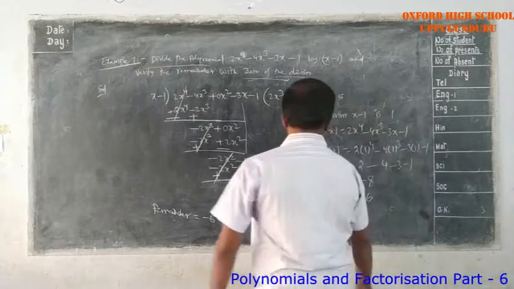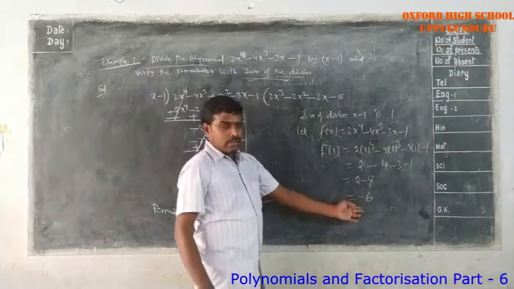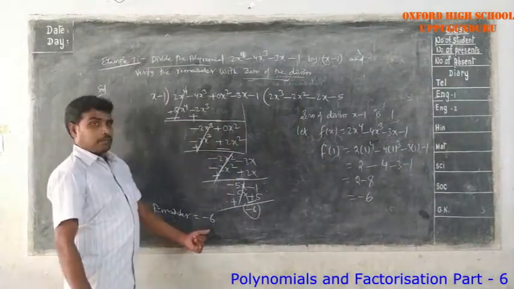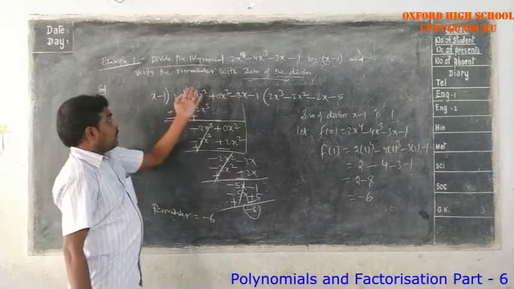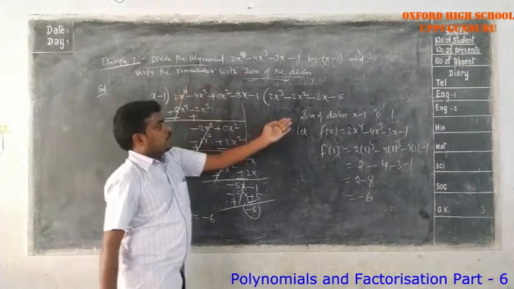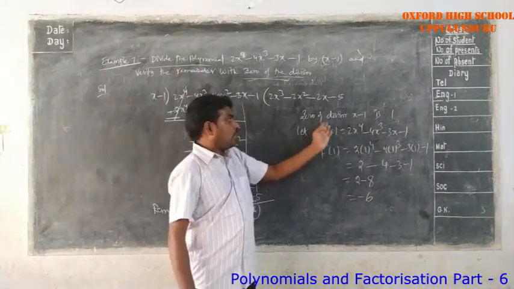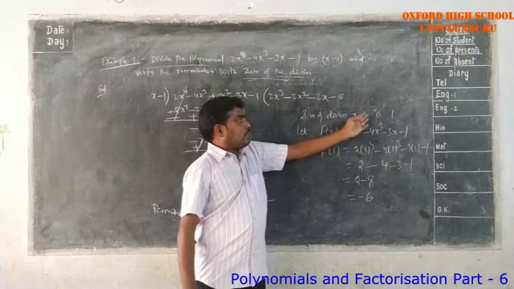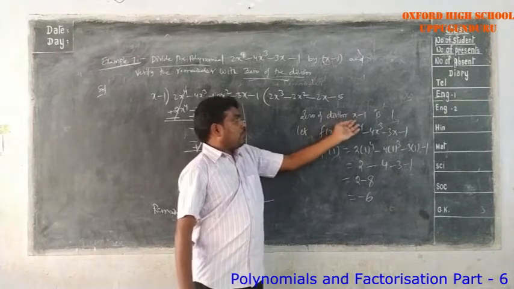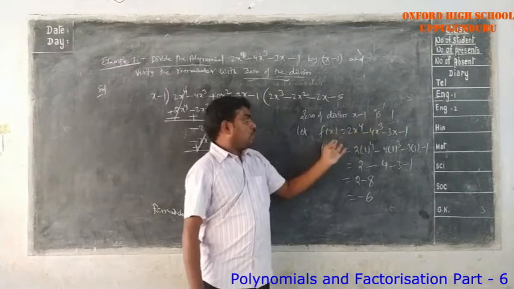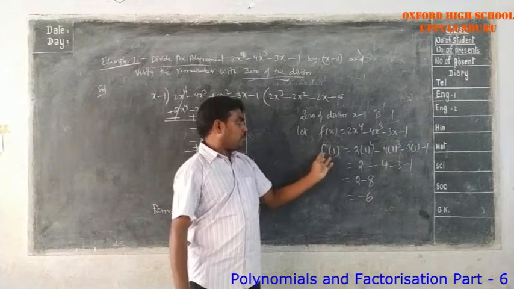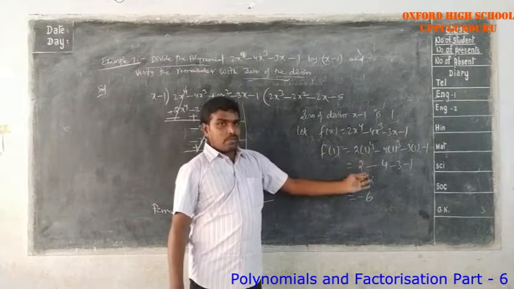So here what is the remainder you are getting? Minus 6. We are checking the remainder with the zero of the divisor. The divisor is x minus 1, and the zero of the divisor is 1. So in place of the variable x, when you substitute 1, what remainder do you get?